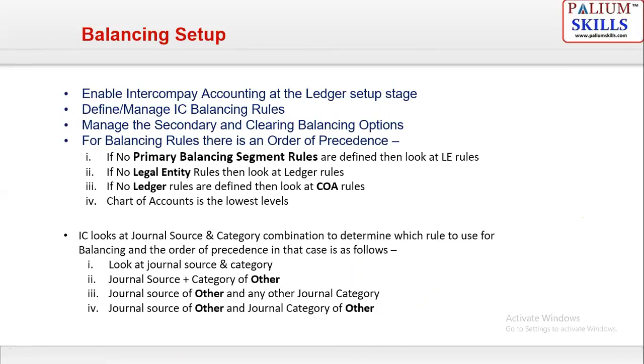If no legal entity rules exist, it will look at the ledger rules. If no ledger rules exist, then it will look at the chart of accounts, which is your lowest level. So there is a precedence order through which the system will run.